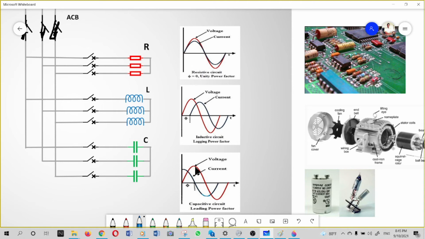So what we have to understand is, in resistive load, voltage and current are in the same phase, but in inductive load the current is always lagging the voltage by 90 degrees, and in capacitive load the current is leading the voltage by 90 degrees.